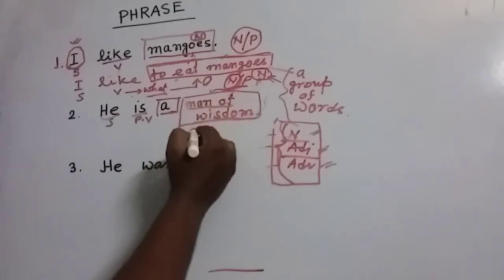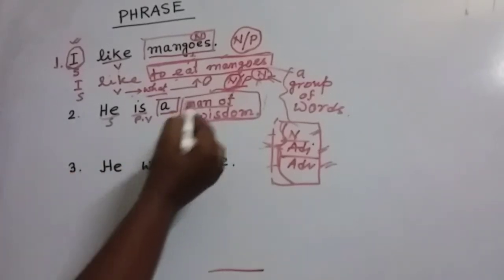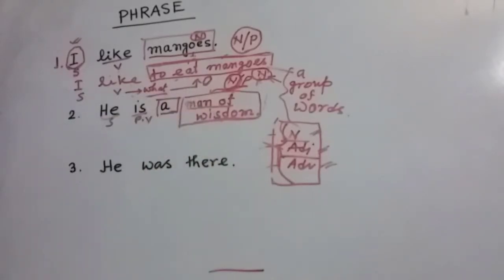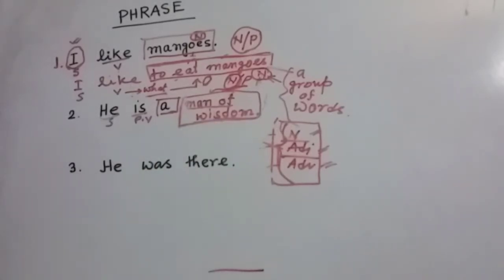The entire part is acting like an adjective because this word is modifying the man. Man is a noun. So my dear friends, the entire group is acting like an adjective.